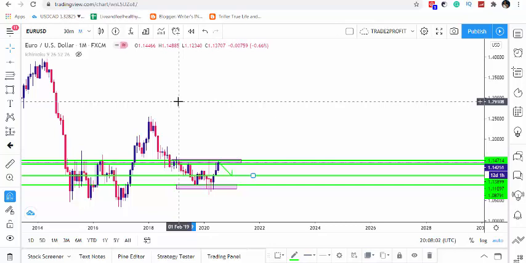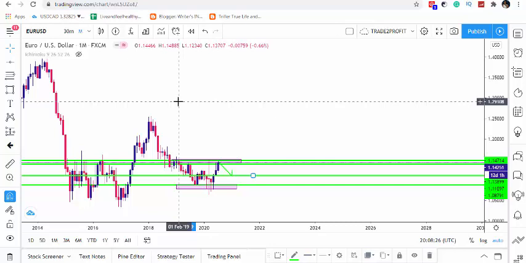Now I've seen a lot of videos on YouTube. I've heard a lot of traders talk down on the Fibonacci, but the truth is, as far as trading the Forex market goes, everything is under probability. There is no holy grail. Anybody that tells you they have the holy grail is lying.